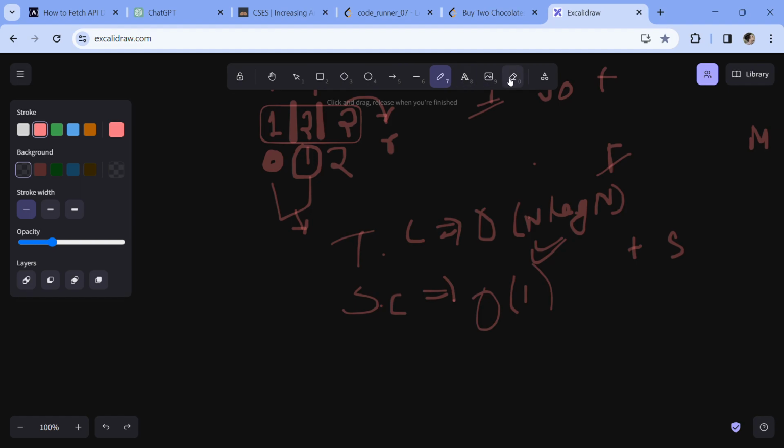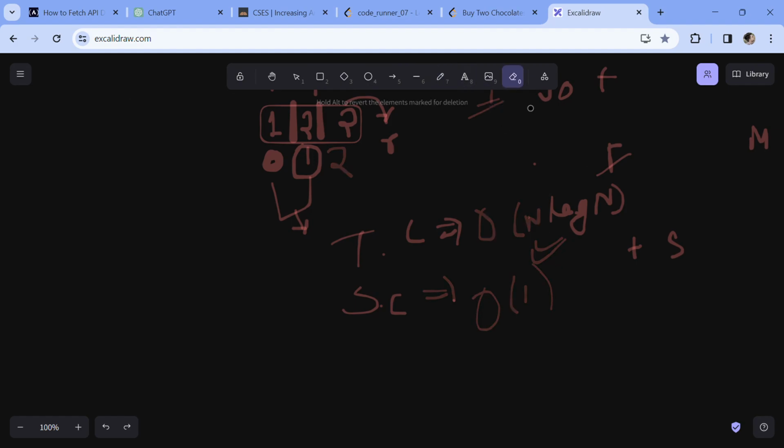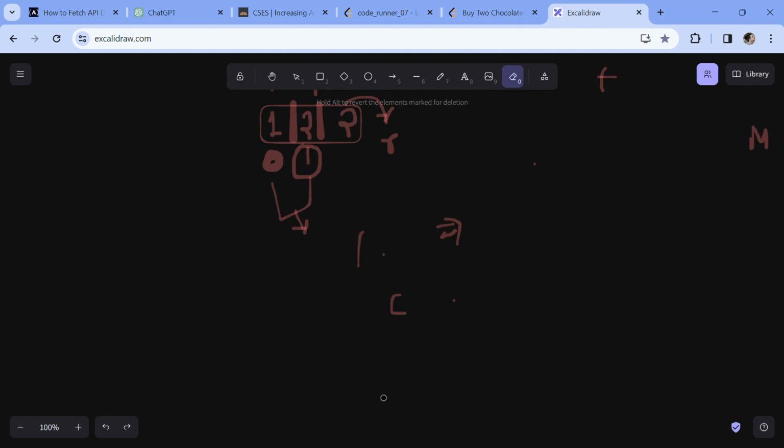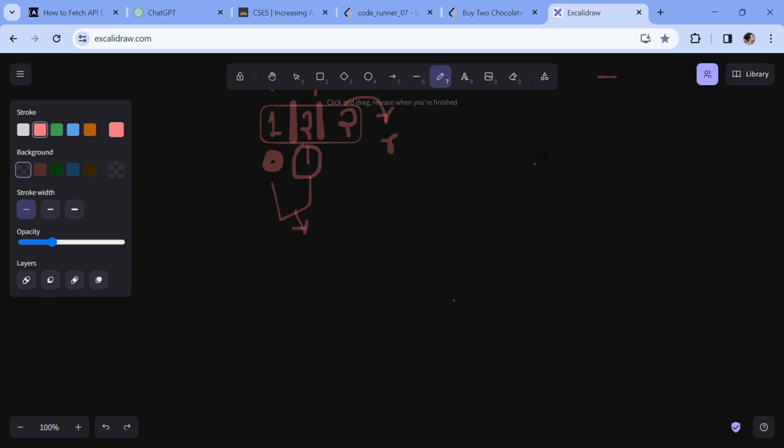So let me discuss the second approach. Let me erase approach 1. In the second approach, we cannot directly sort the array in the given function. We have to simply iterate the array with a for loop.